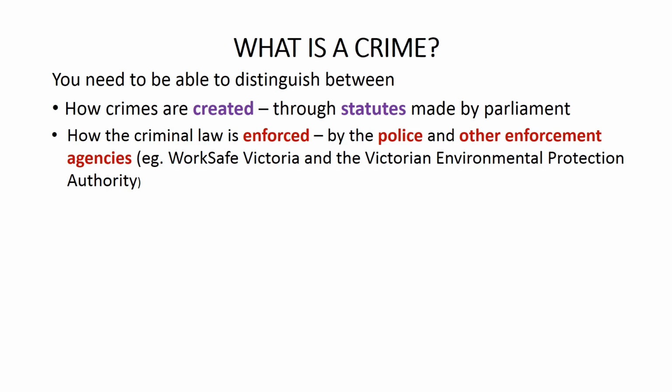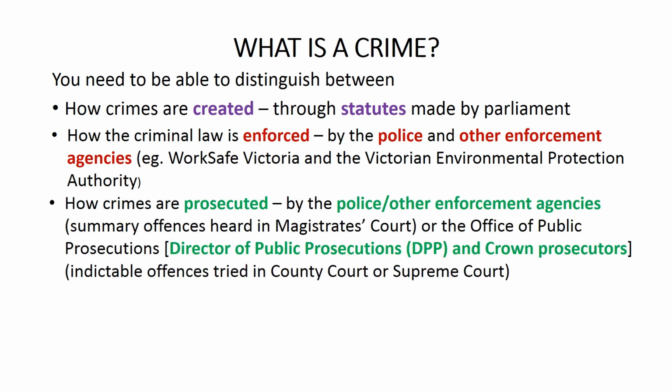The third aspect of the criminal justice process is how crimes are prosecuted. Generally speaking, it is the police who prosecute offenders for committing minor offences, also called summary offences. Summary offences are prosecuted in the magistrates' court. However, summary offences can also be prosecuted in the magistrates' court by other enforcement agencies, that is, enforcement agencies other than the police.